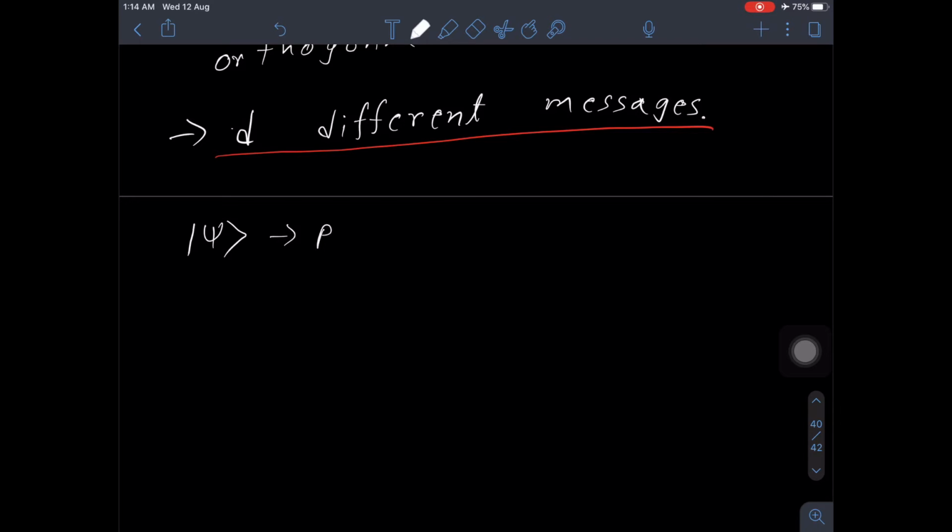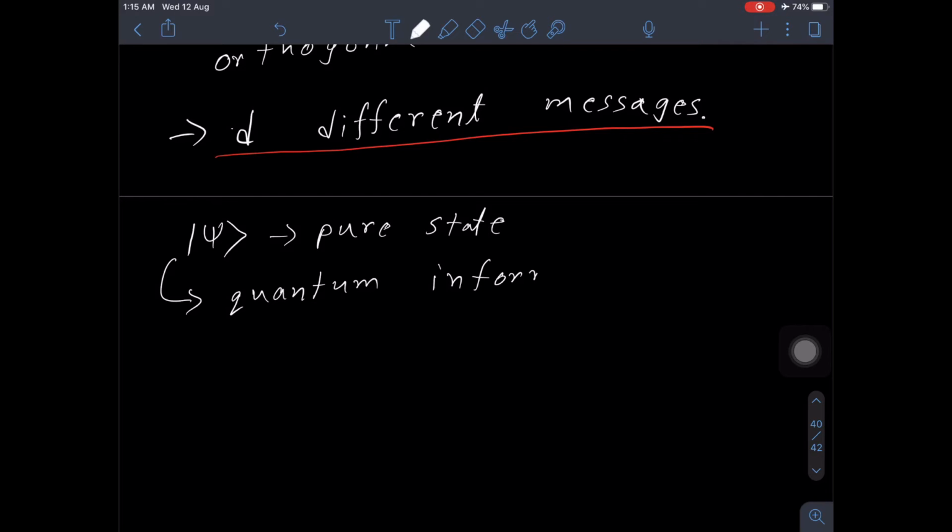And one more thing to notice is that if you're given a pure state psi, then what we say is that this is a piece of quantum information.